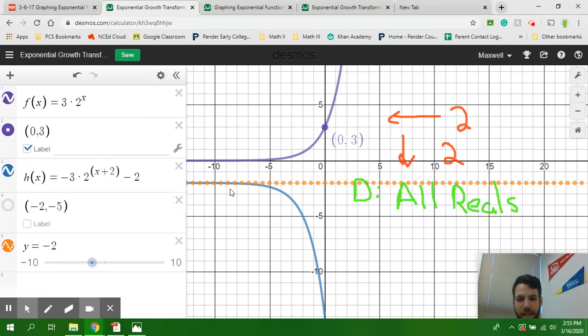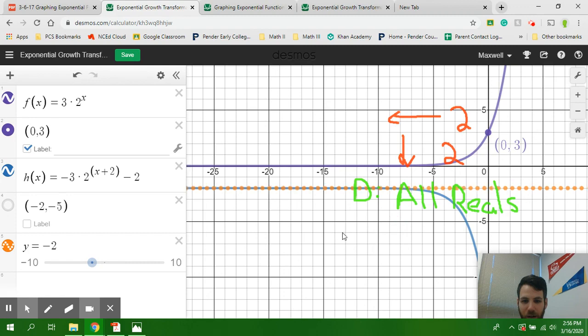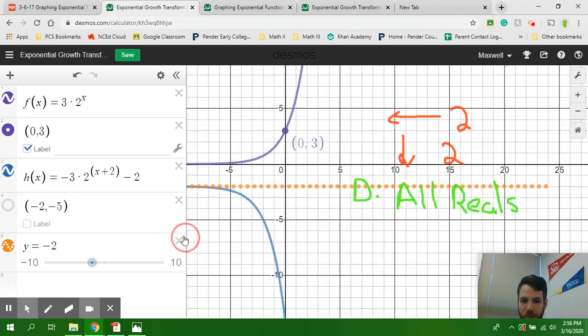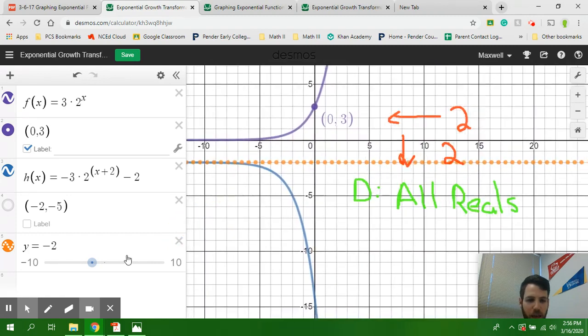We can see that our graph is going to level out at that line at -2. So we could say, and we can write it here on screen, that our range, in this case, is going to be y is going to be less than -2. Our graph is upside down now.